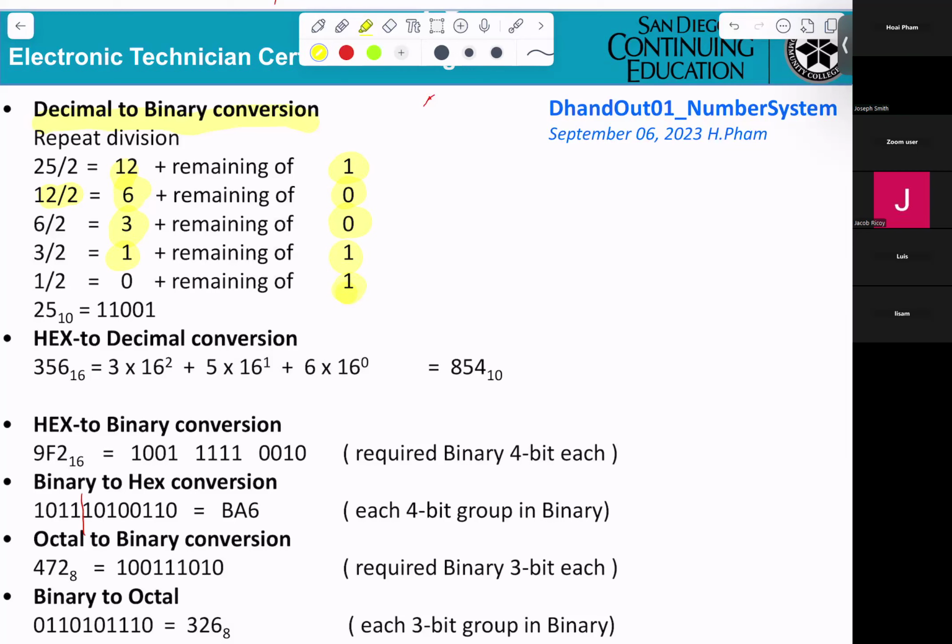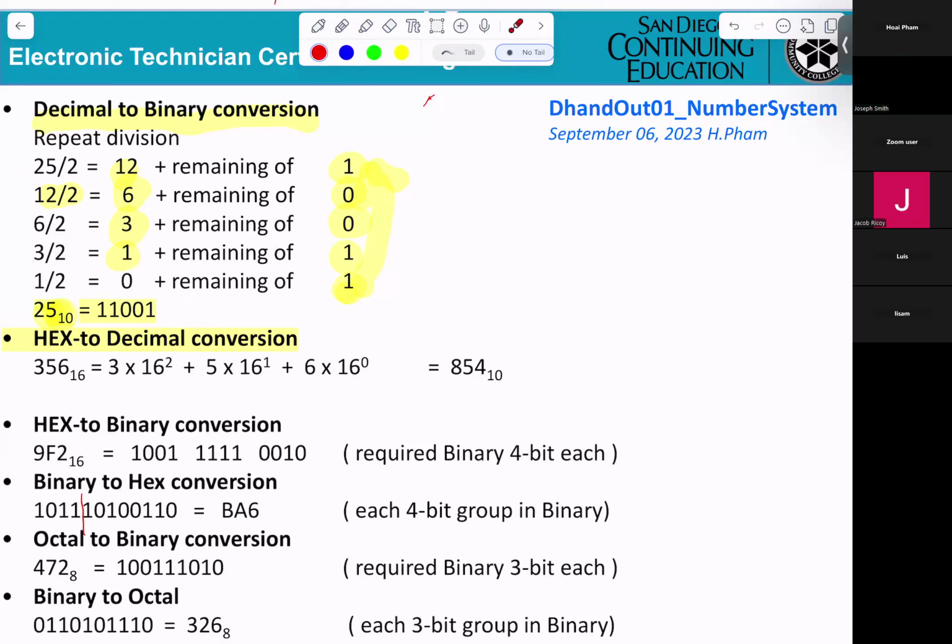Remainder is 1. Okay, so 25 base 10 equals, you go back this way. 1, 1, 0, 0, 1. That's how we converted decimal to binary.